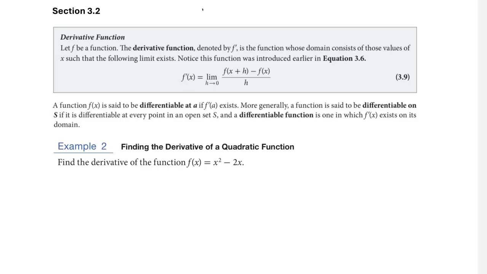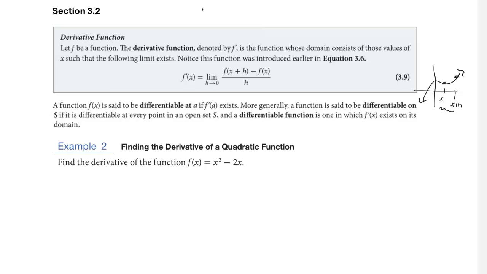In this video, we are going to talk about the derivative function. If you remember from our previous video, we said the derivative is the limit as h approaches 0 of the difference quotient. What's happening here is that we've got this function, and we're looking at 2 points along that function.